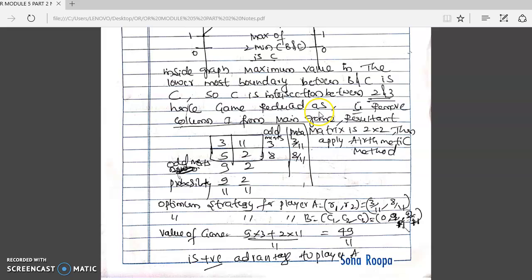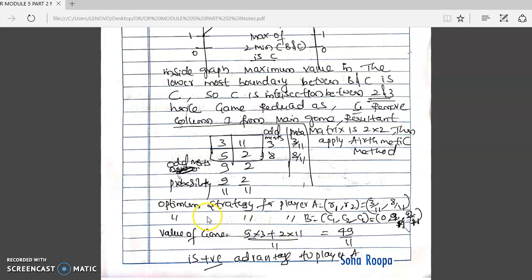After removing the first column, the matrix obtained has 3 5 and 11 2. It is 2 by 2, then apply the arithmetic method and get the value. The value of the game we obtained is 49 by 11, so it is advantageous to player A only.